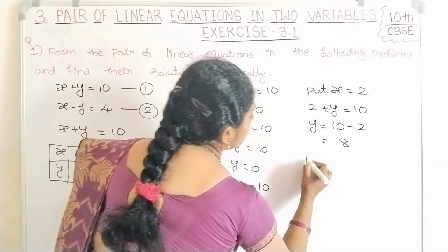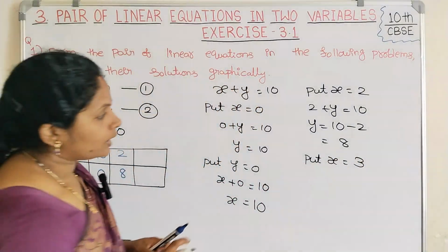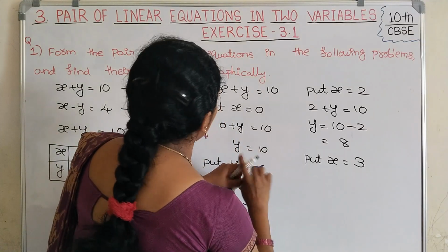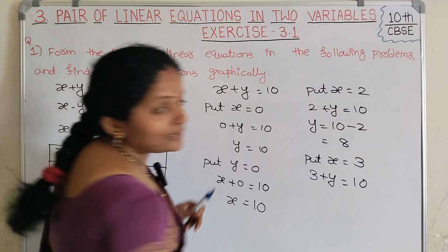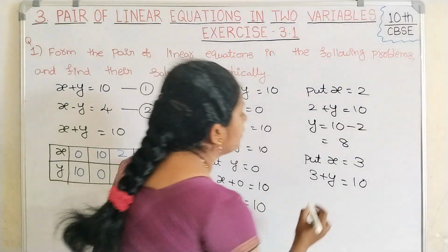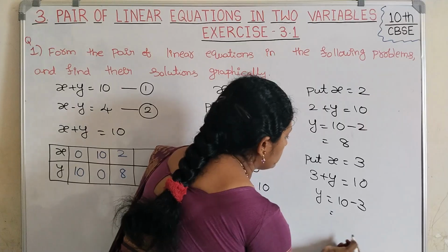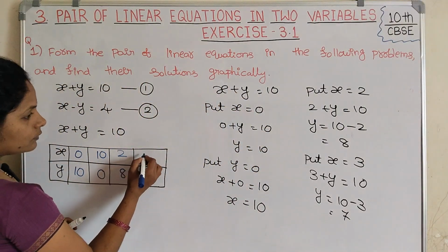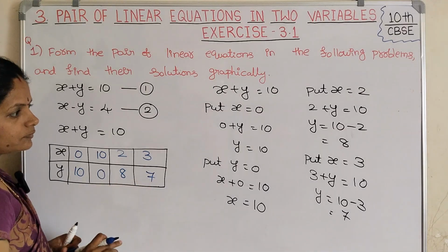Next, put x equals 3. Wherever x is there, substitute 3. 3 plus y is equal to 10, so y equals 10 minus 3, that is 7. x is 3 and y is 7.